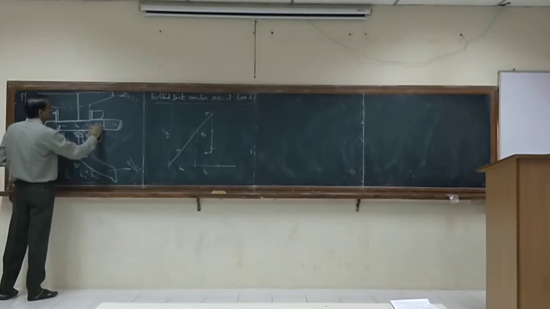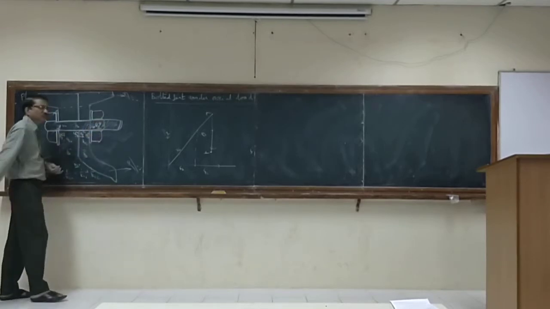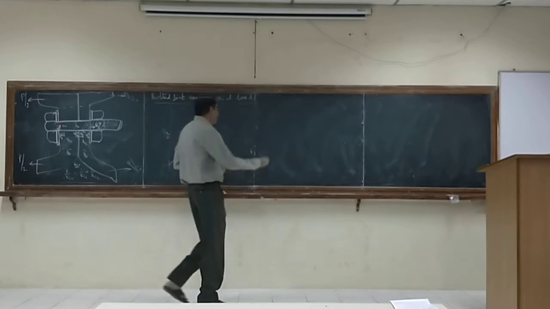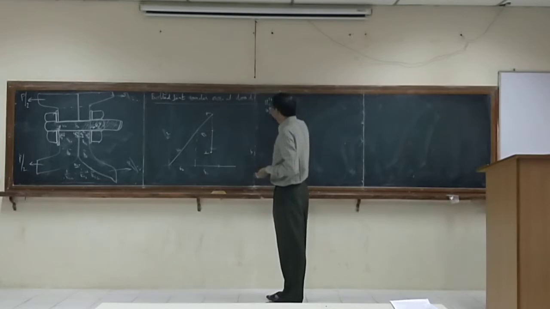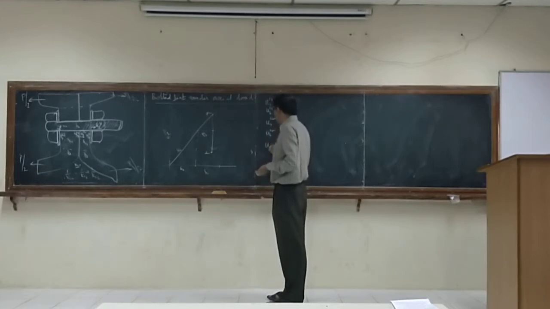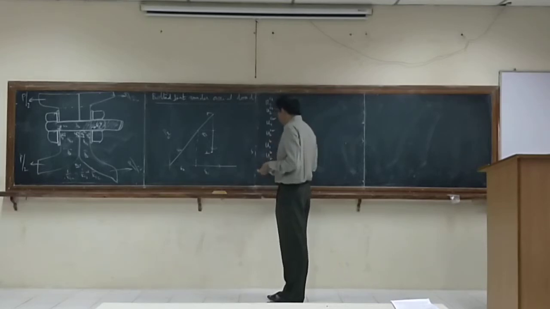Let us say this is U2 of the bolt. Now we have identified at element level U1 of the component 1, U2 of the component 1, U1 of the component 2, U2 of the component 2, U1 of the bolt, U2 of the bolt.